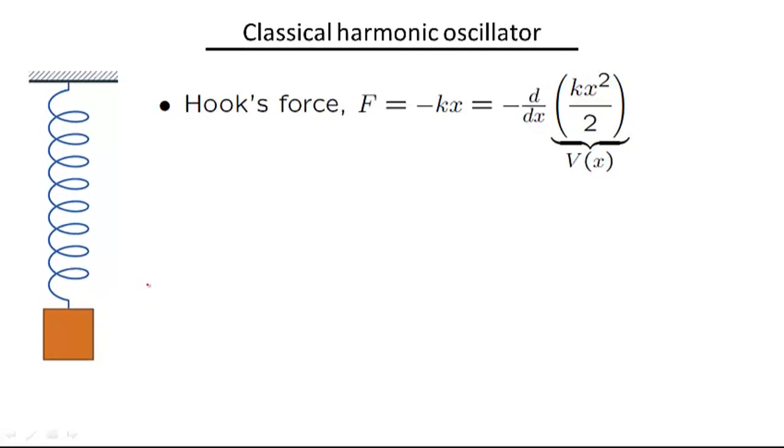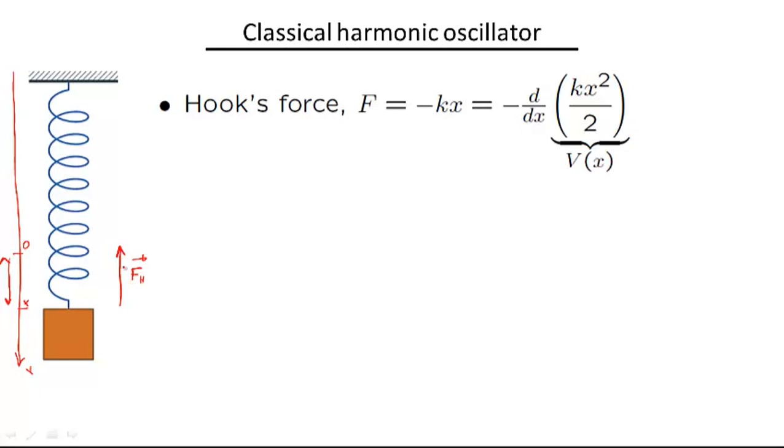Let's say this is my x-axis, and we have an equilibrium position somewhere here, so this is my 0. So this is x, and the force is proportional to this displacement, and at this moment of time, it's this Hooke's force in the negative x direction.